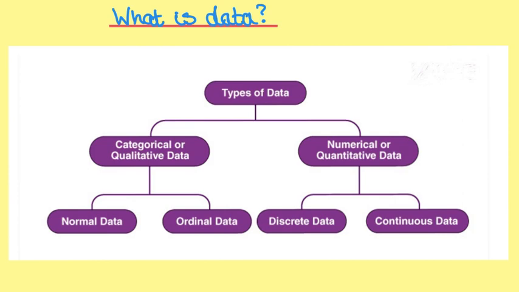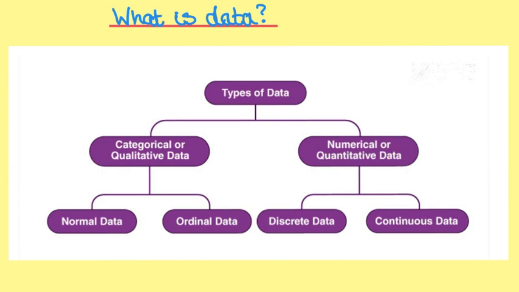In this video, we're going to be discussing data. The first thing we need to ask ourselves is, what is data? Well, our types of data can be split into two main categories: qualitative and quantitative.